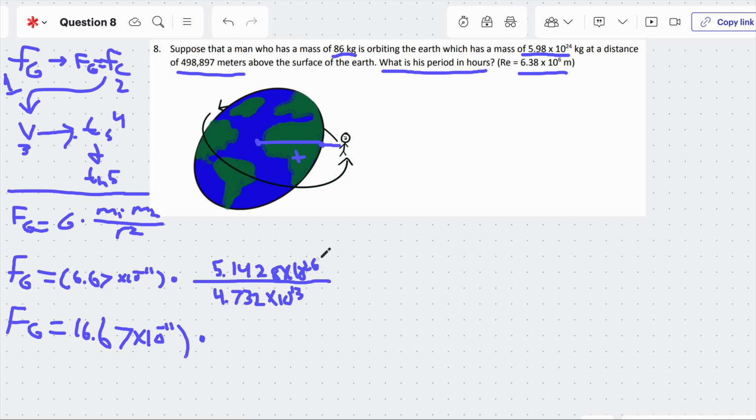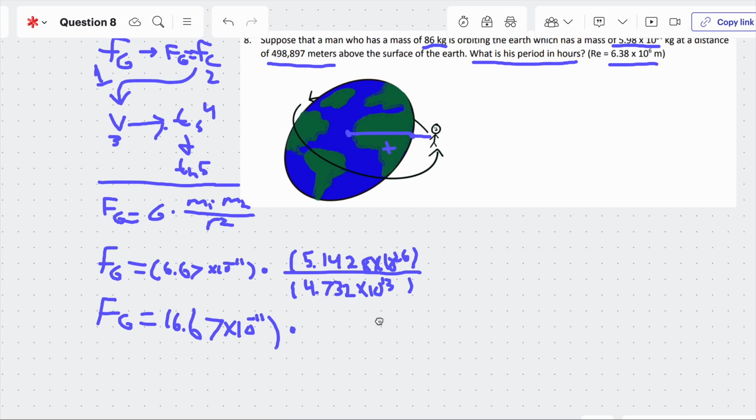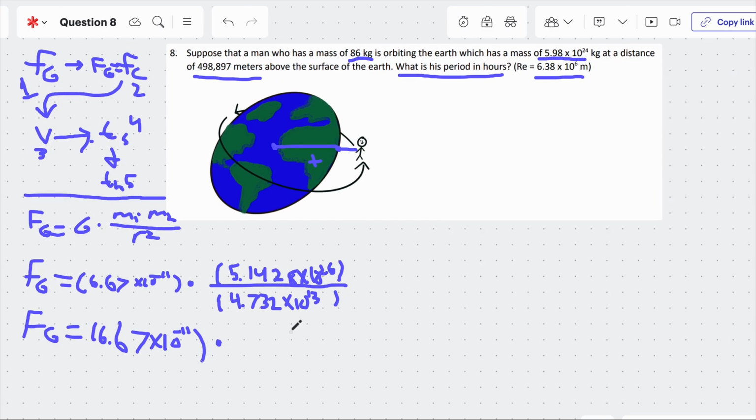So if you don't know how to put this in your calculator, you can put it in with parentheses around both. Just do parentheses this divided by parentheses this. Or you can figure out this individually, and then divide both of those.